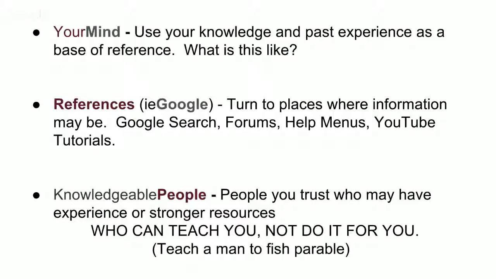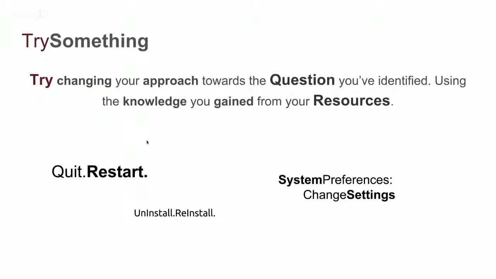Because our third point is knowledgeable people, which would be the people around you. Google is the knowledge of all people who have access to the internet. It's this really rich source. And again, to the point of why a specific question is great, it can lead you to find these different forums, menus, tutorials, and things to come up with a theory or a solution to what your question is.